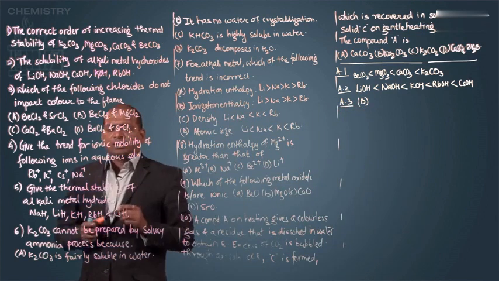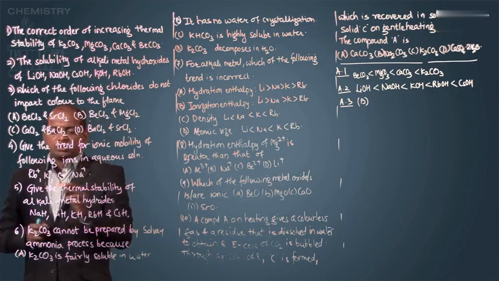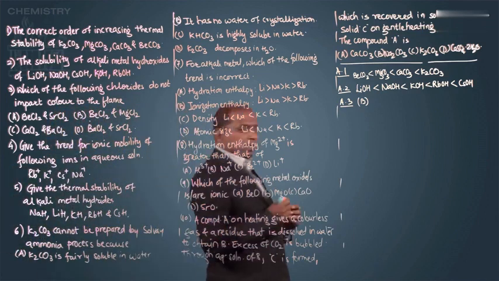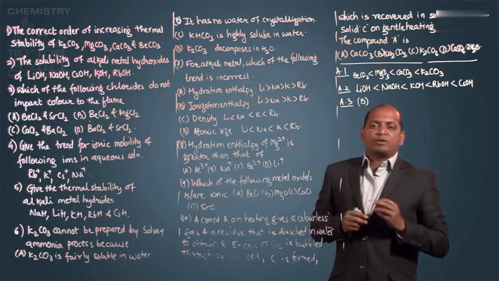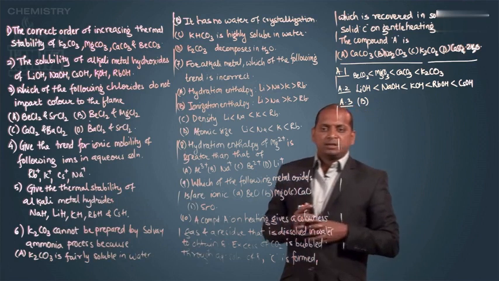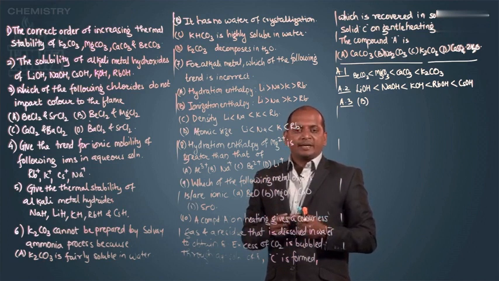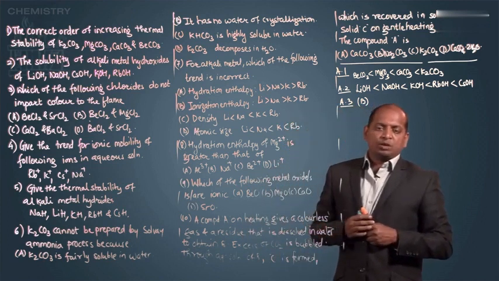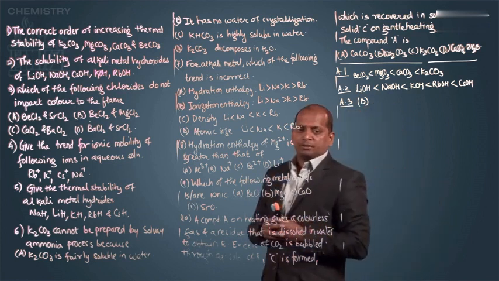Give the trend for the ionic mobility of the following ions in aqueous solution. So here, if we dissolve the salts, there is a formation of ions in the aqueous solution. Now, these ions are then hydrated by water molecules because water is a polar solvent.